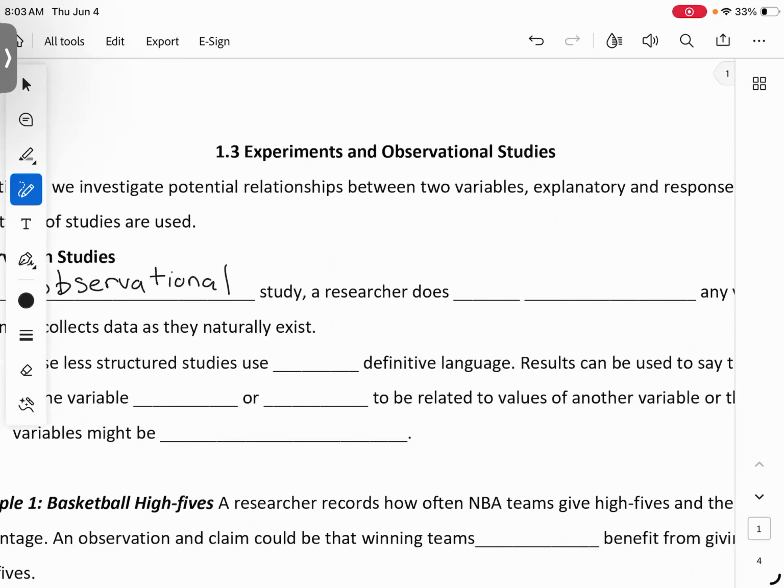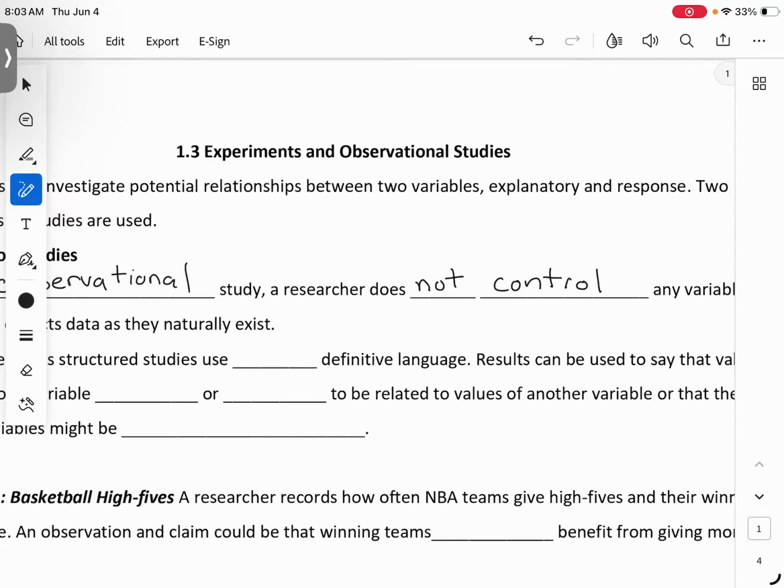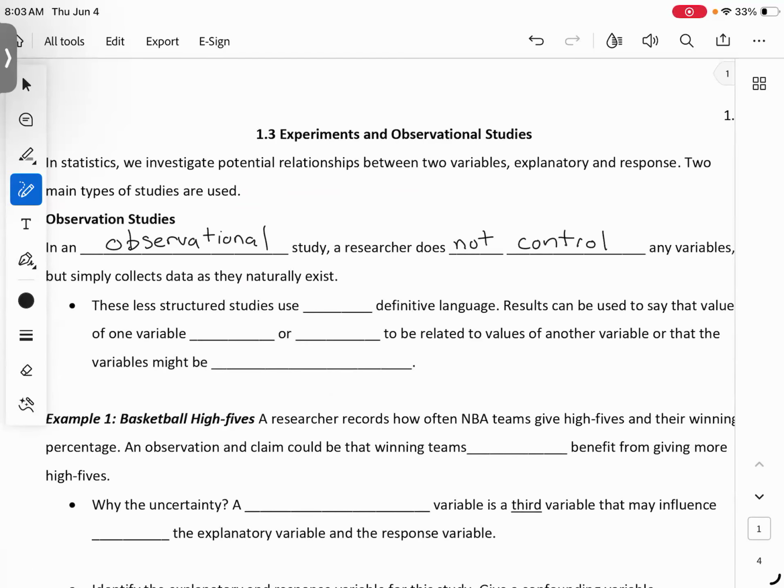The main reason why is that when a researcher does an observational study, they do not control for any of the variables, which is usually going to be the explanatory variable, the first thing to see whether it's making a difference on the outcome, the response variable.